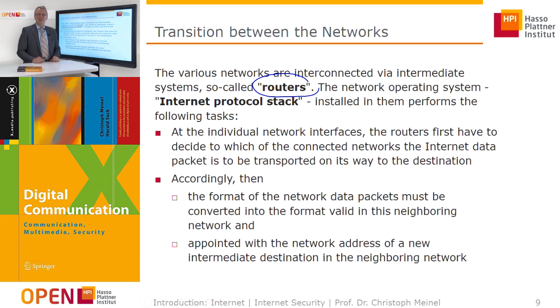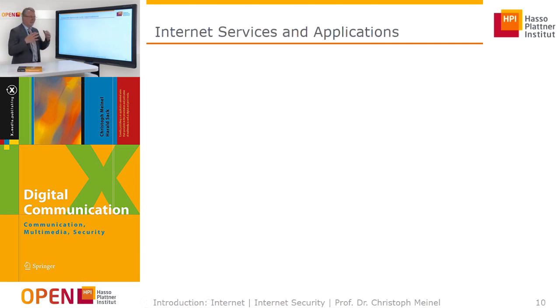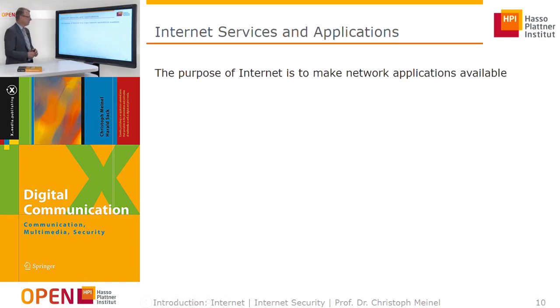Then a new router comes into place and does the same: analyzes and makes decisions how to continue to transport the internet package. So in this way, you see this network of networks can be used to transport internet packages from sender to receiver. It's quite complicated, and the internet protocols organize this transport.